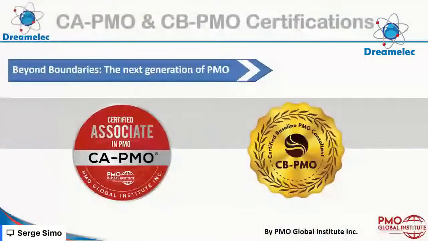The first one is Certified Associate in PMO, like CA-PMO. And the second one is Certified Baseline PMO Consultant. That is the highest level. It's called CB-PMO.